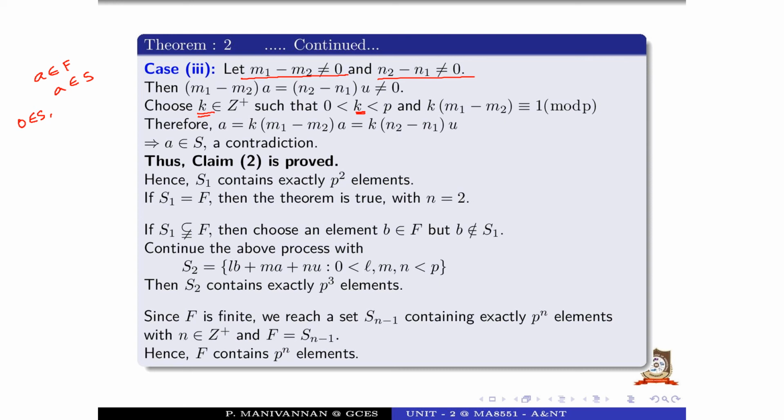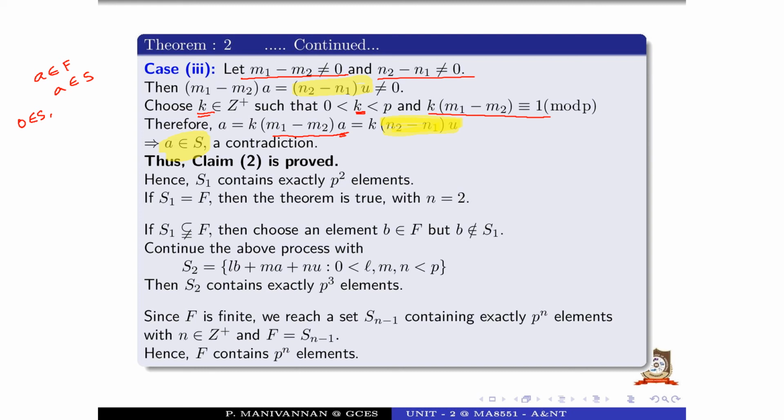Therefore, multiply this term A on both sides. So A equals K into M1 minus M2 into A, which equals N2 minus N1 into U, which implies A belongs to S. It is a contradiction.